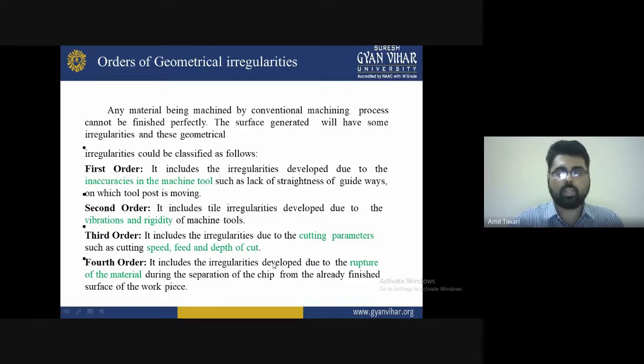So you can maintain good quality material by maintaining the parameters.